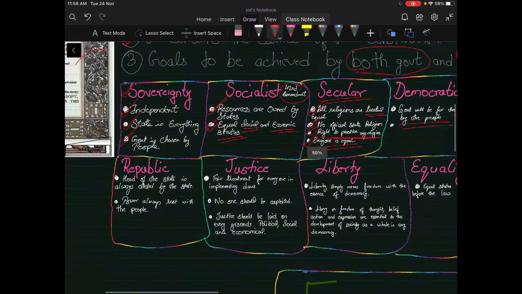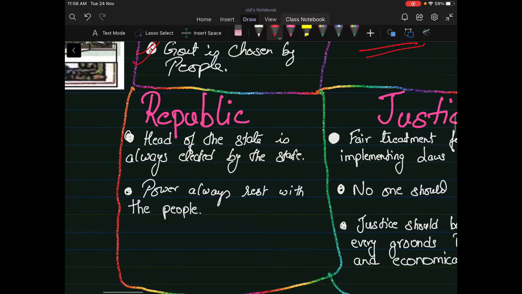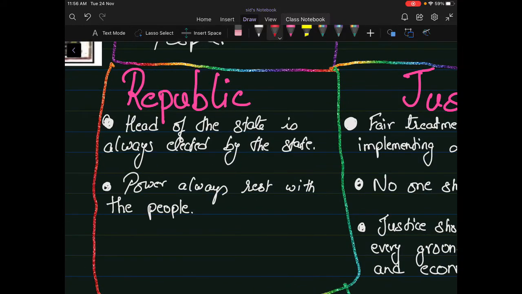Now let us move on to another principle, that is republic. So republic in the preamble simply wants to express that the head of the state is always elected by the state, okay. State as in the government, and the government is chosen by the people, okay.